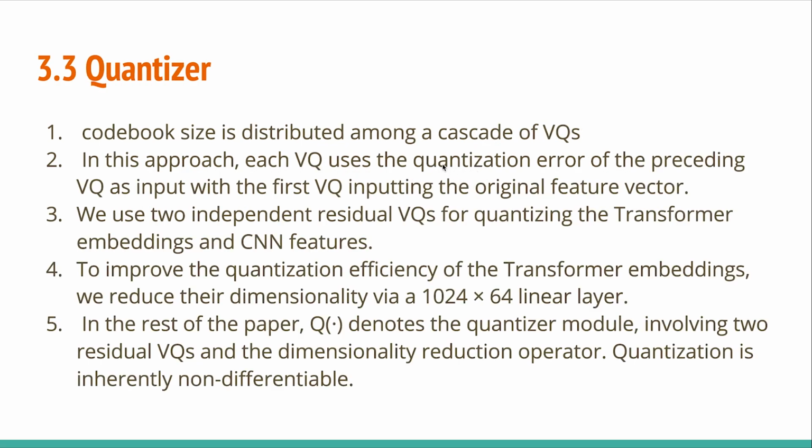And for the quantizer, like I said, they are using residual vector quantizers. It's a cascade of vector quantizers, right? And like I said, it is called residual because it quantizes the error from the mean. Each model, or convolution encoder, will have its own residual vector quantizer, and the transformer also has its own vector quantizer.